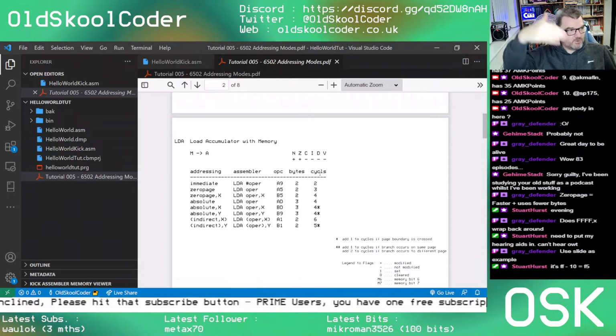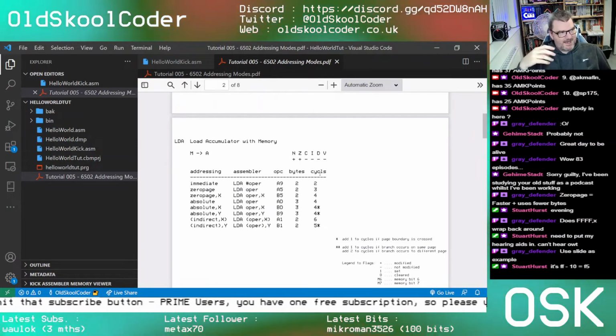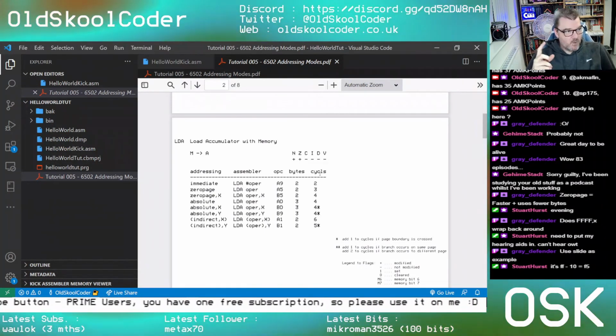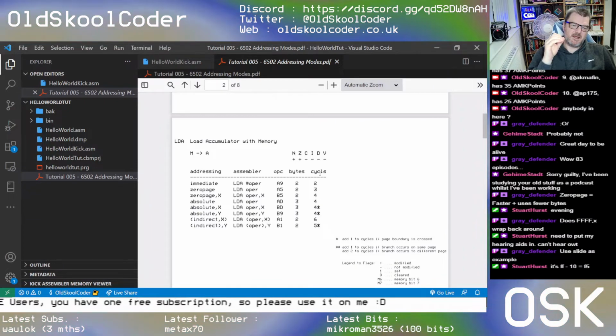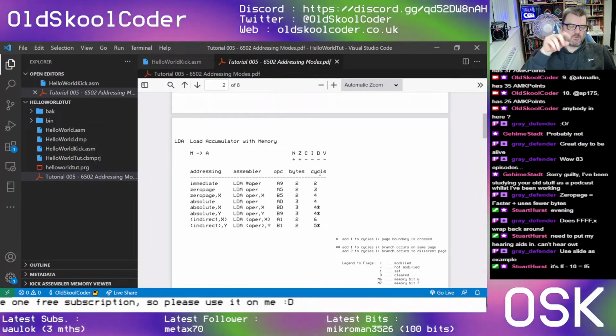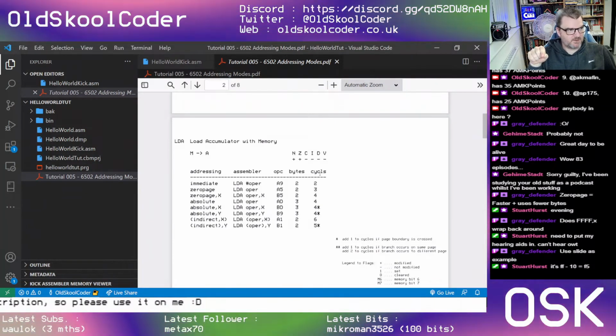But jump indirect allows you as a coder to say, I want you to jump to whatever I put in this memory location.